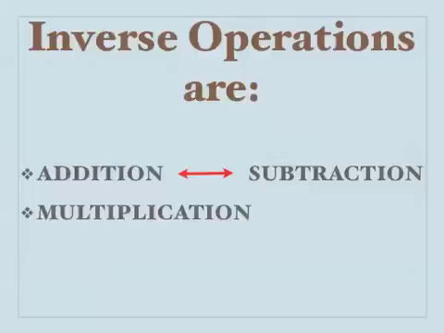And the opposite or inverse of multiplication is division, and again it goes both ways, so the inverse of division is multiplication. Today we're just talking about addition and subtraction, but I wanted to review really quickly all of the inverse operations that we've talked about thus far.